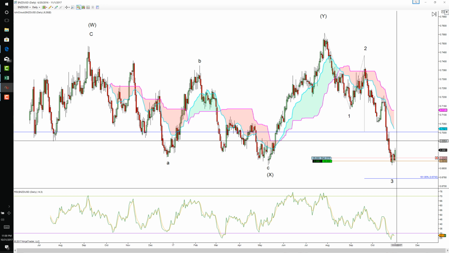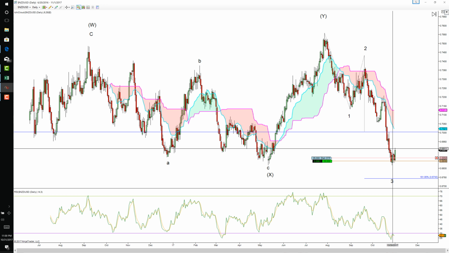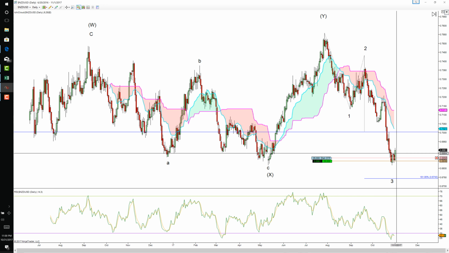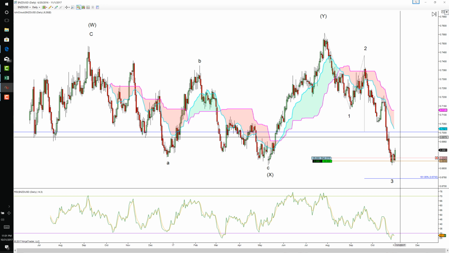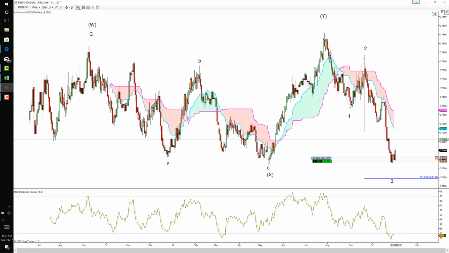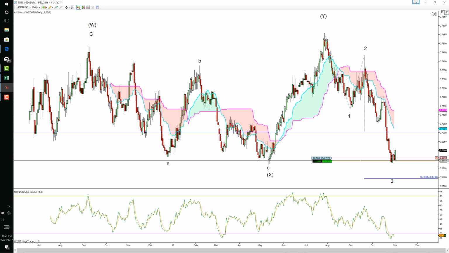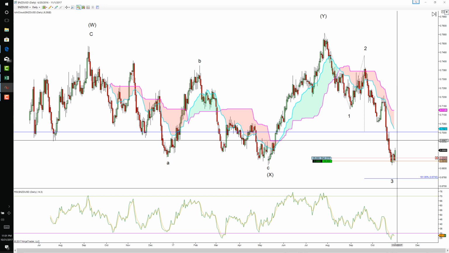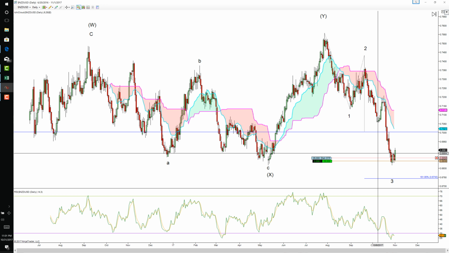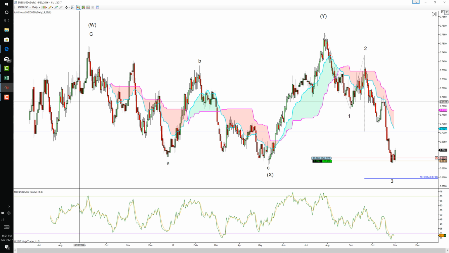But I do expect another drop in the dollar before a correction, and within the next couple of days or so, I'm going to expect prices to move up and find some resistance. At that point, I would exit once I get above 100 ticks or so, and then I'll look for a move to the downside, which strengthens the dollar.